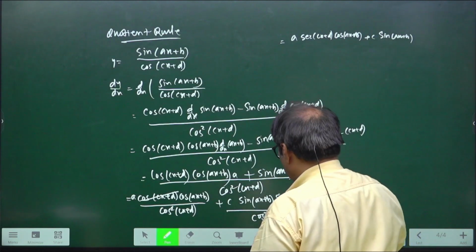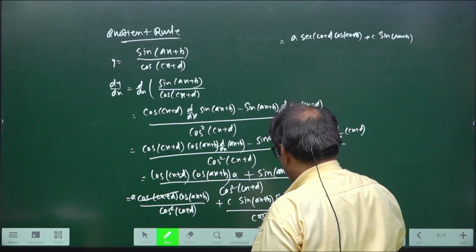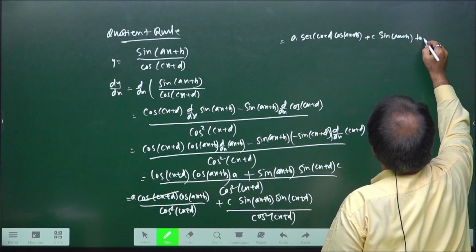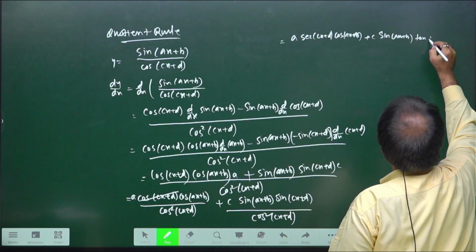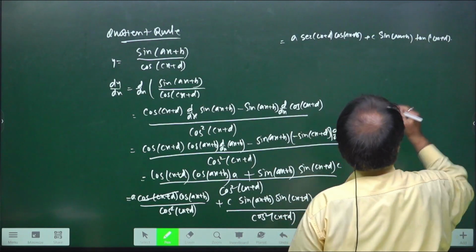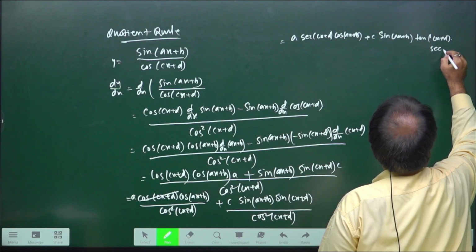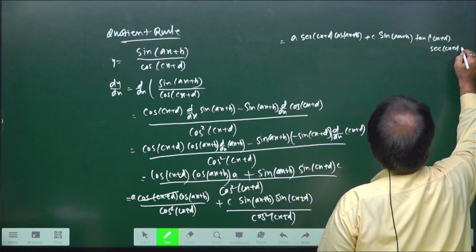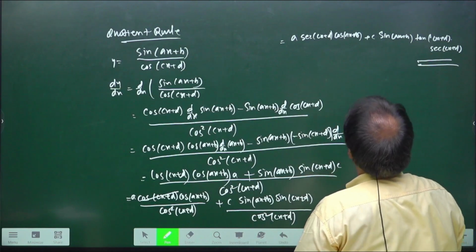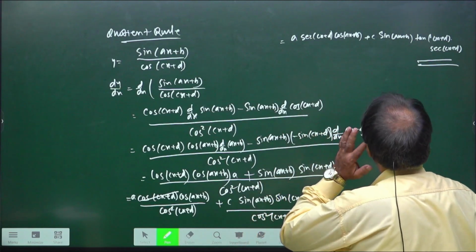And sine by cos is tan theta, and 1 by cos is sec theta. So this can be written as tan of cx plus d into sec of cx plus d, and this is the final answer of your question, right?